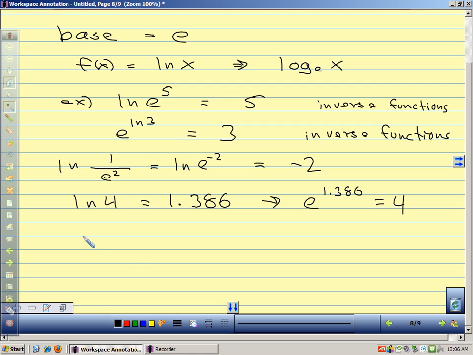And if I go the other way, e to the 1/2 equals 1.6487. This is the same as saying the natural log of 1.6487 equals 1/2. So these are just like our examples earlier, except using our natural base.